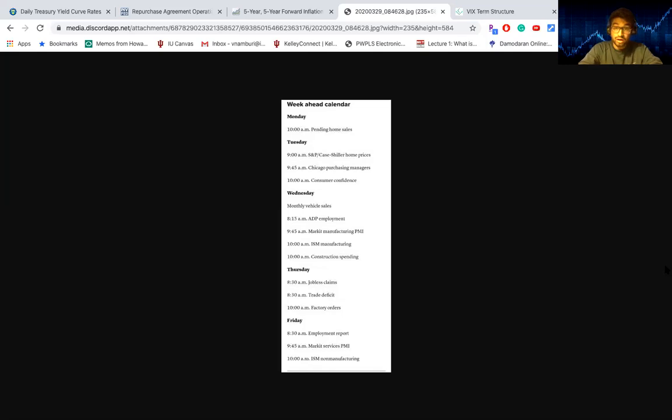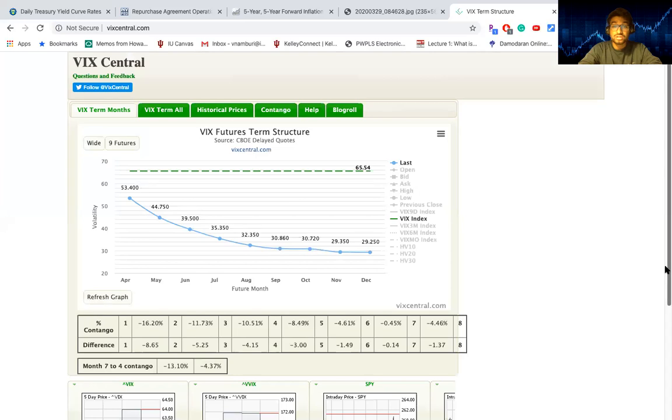In terms of VIX structures, the VIX is still currently in backwardation. A lot of investors are still worried about the market going down further from here, and they're trying to protect themselves. You've seen some investors buy SPY puts to hedge themselves, or just put their money in cash as well.